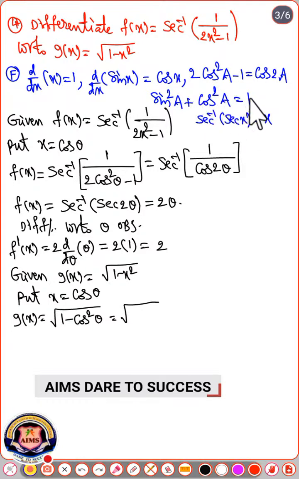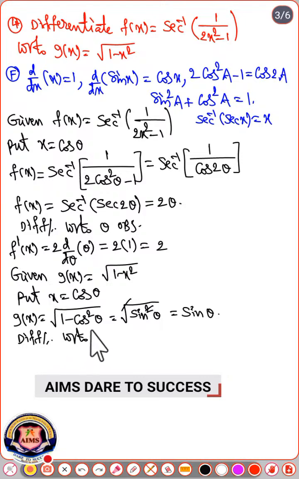Sin square a plus cos square a is equal to 1, so sin square a is equal to 1 minus cos square a. Like that, 1 minus cos square theta is sin square theta. Square and root get cancelled, the remaining value is sin theta. G of x is sin theta.